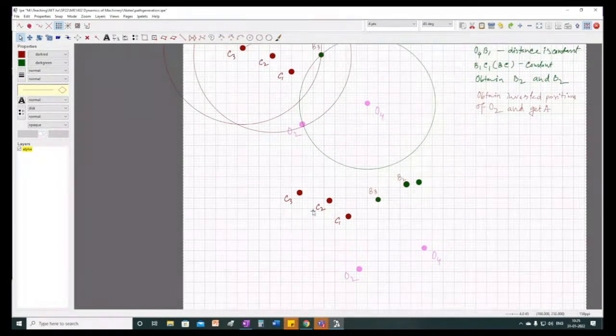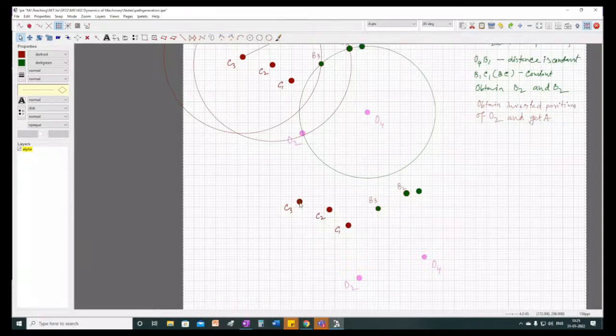Maybe let us not copy this C3 position because we want to find out the inverted positions.